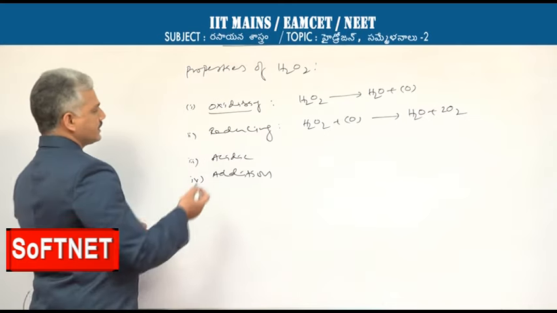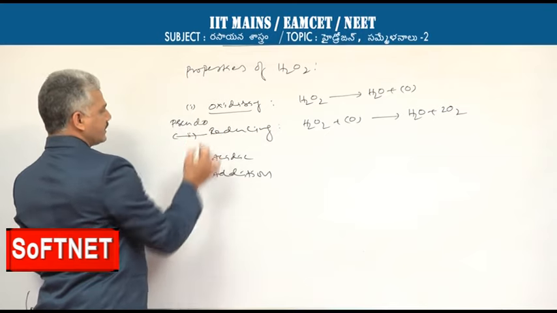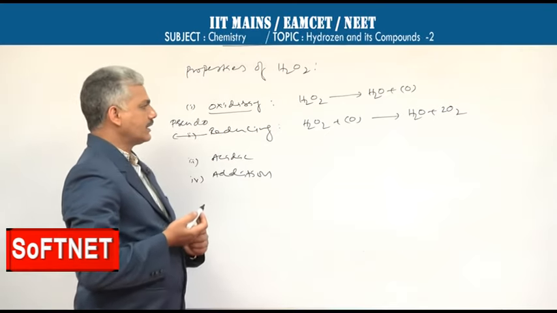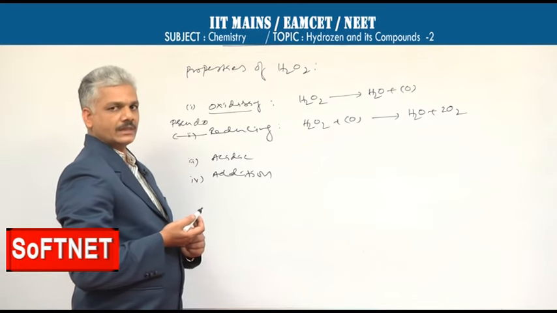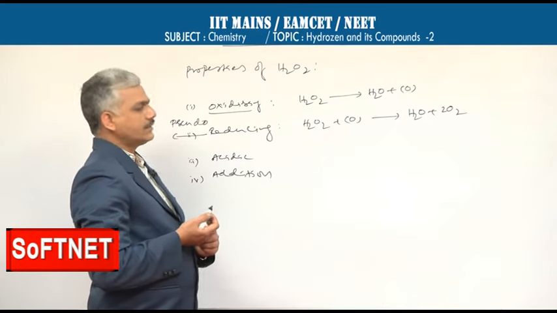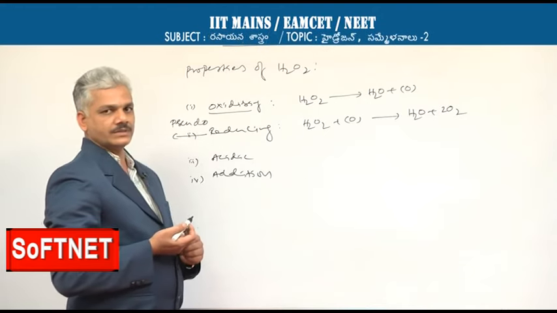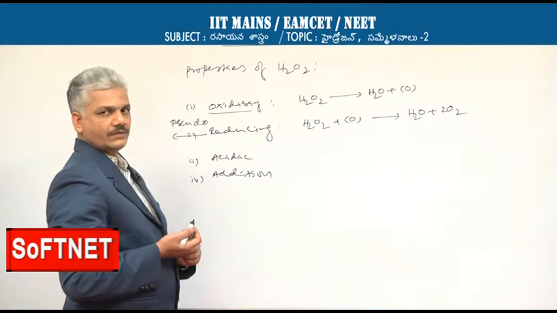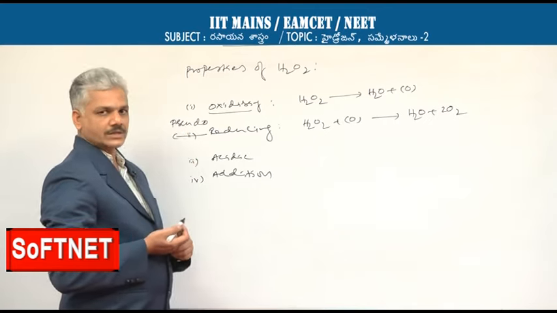However, these reducing properties are called pseudo reducing properties because in practice hydrogen peroxide is not accepting the nascent oxygen even though it appears to be. Hence, the reducing properties of hydrogen peroxide are called false reducing reactions or pseudo reducing reactions.